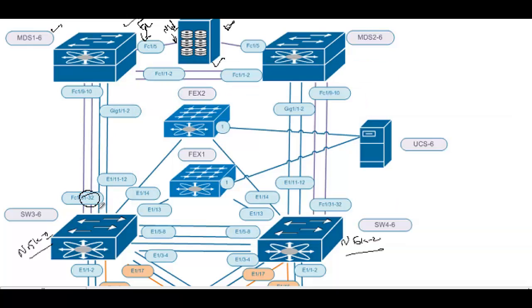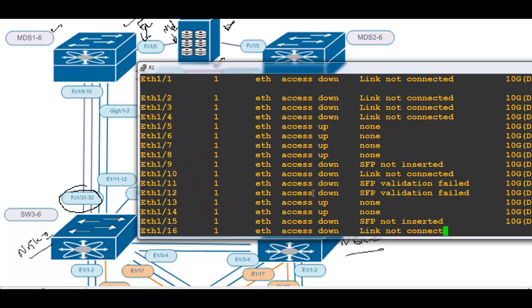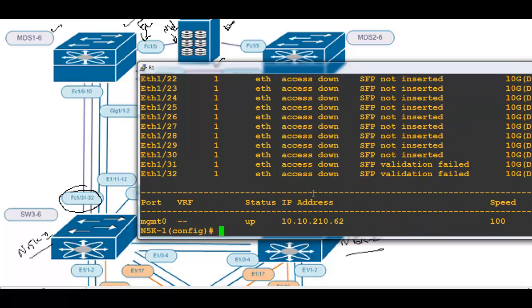See, 31 and 32. But if you see here, show interface brief, I don't see any FC port on 5K, all Ethernet. No FC, I see management, I see all Ethernet.